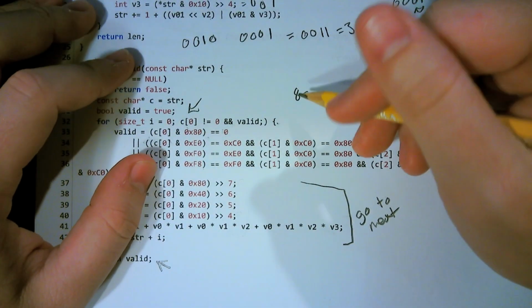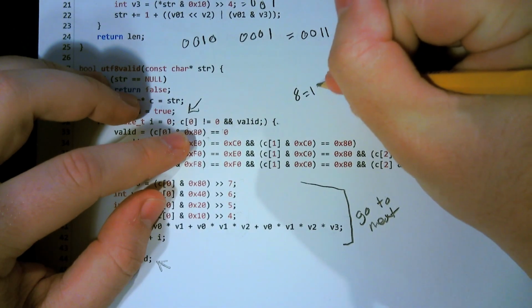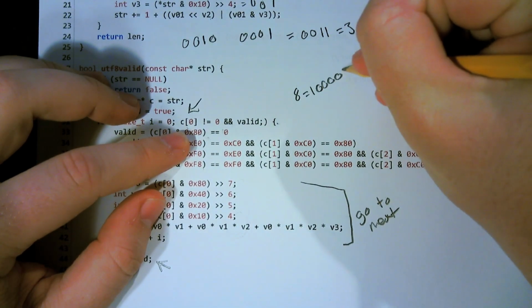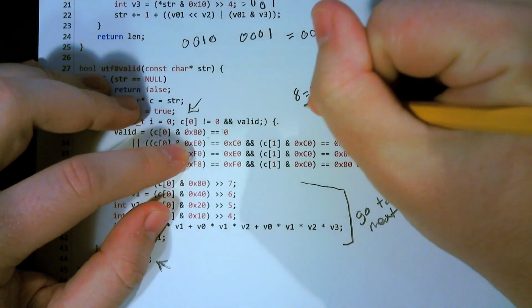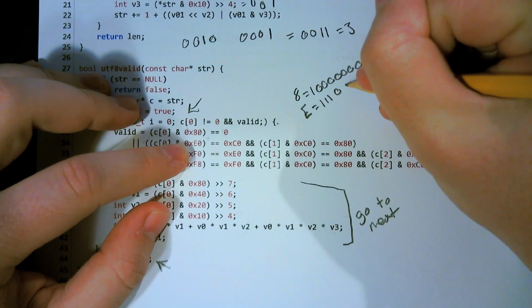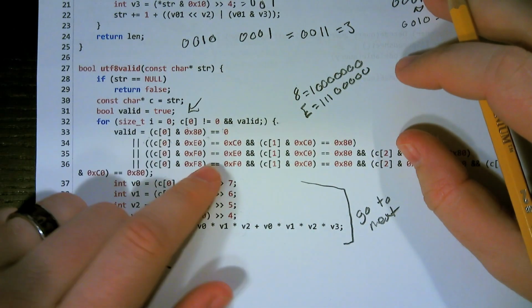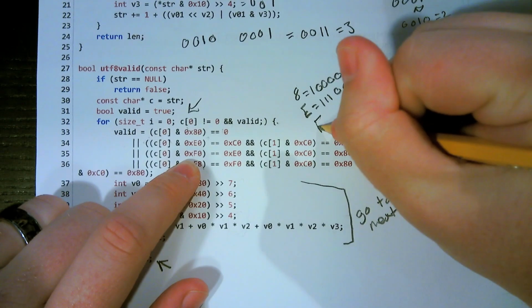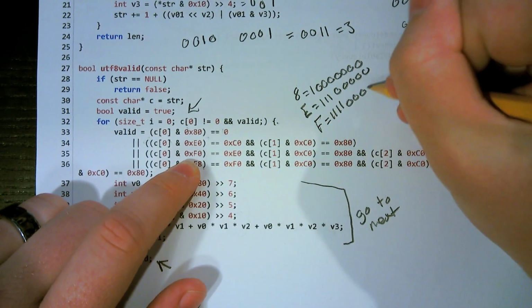So 80 here is going to be 1 followed by 7 zeros. E is going to be 1, 1, 1, 0, 0, 0, 0, 0, right? And then F is going to be 1, 1, 1, 1, 0, 0, 0, 0.